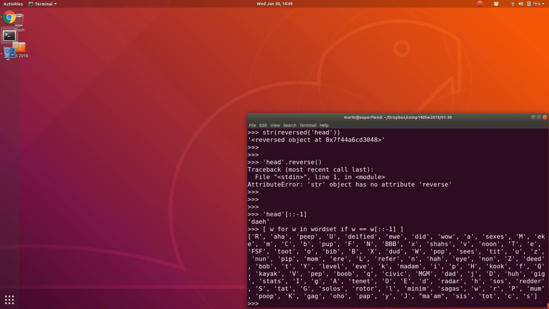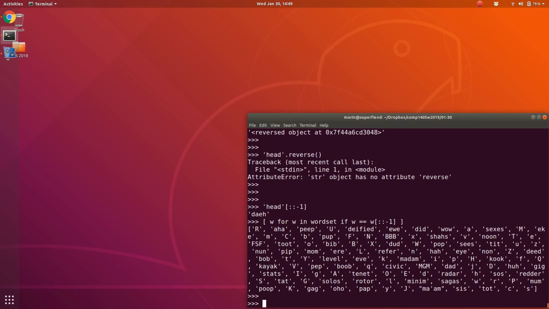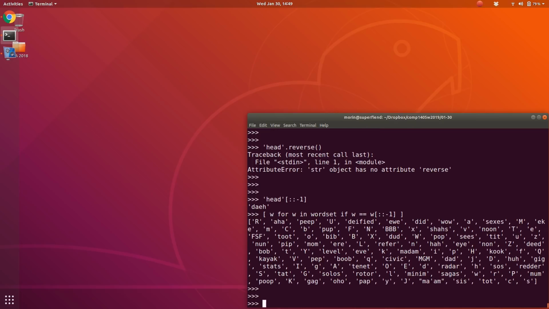Okay. So there are all the antonyms in that dictionary. It's not a huge list. Certainly all of the palindromes are in there. Oh, no, those are not the antonyms. Those are the palindromes, rather.